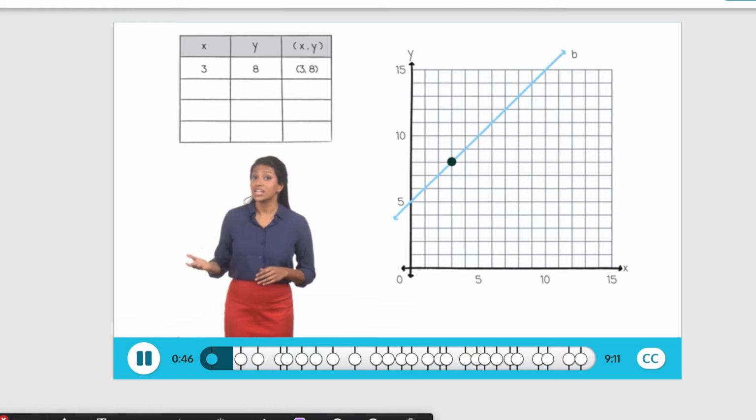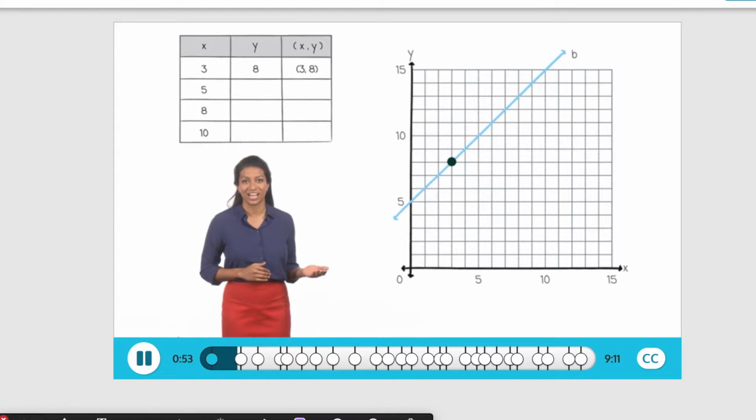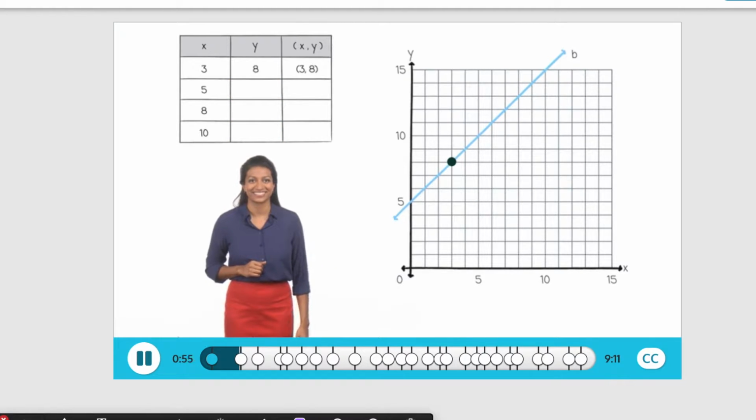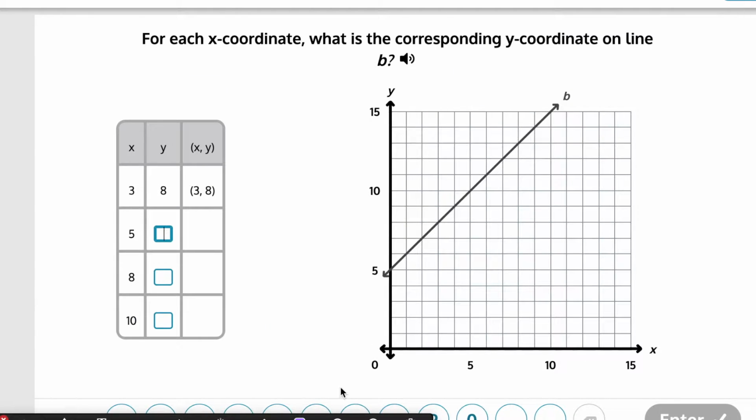Keep going. Here are some more x-coordinates. What are the corresponding y-coordinates on line B? Use the grid lines to help. You got this. Okay, so I'm going to do one, and then you're going to work in your groups or with a partner to solve the others.